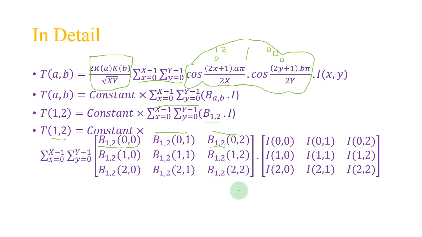Then the basis matrix will be multiplied element wise. This is the element wise multiplication. So the matrix b of 1 comma 2, or the basis matrix of 1 comma 2, will be multiplied with the input matrix I, and this will be the element wise multiplication.